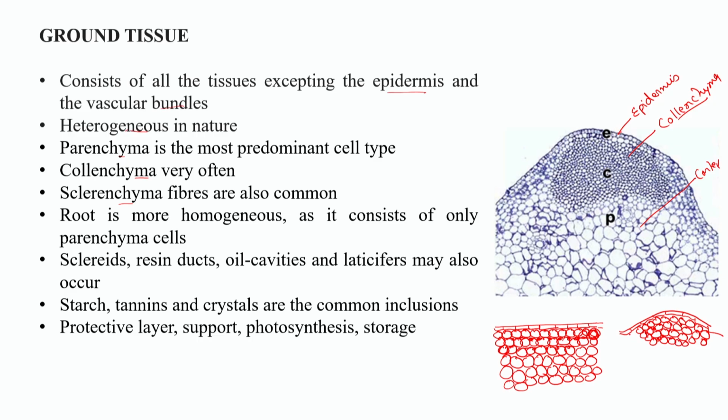So in that case you can have this type of arrangement. It's not that every time it is smooth, sometimes it might be angular also. So in those cases you can have collenchyma patches. Similarly, sclerenchyma can also be found as a continuous sheet or in patches.